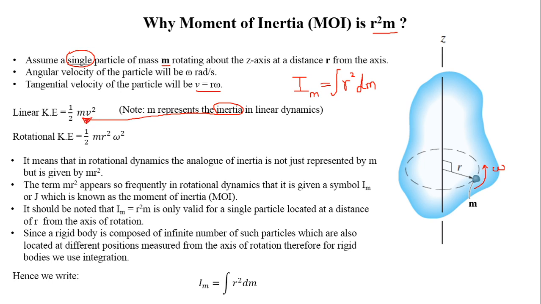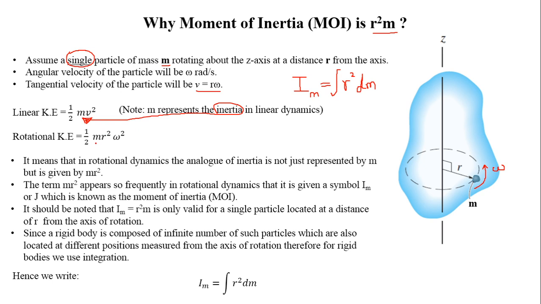But as soon as we convert this linear kinetic energy expression into a rotational kinetic energy expression, we substitute r omega in place of v, which becomes r square omega square.